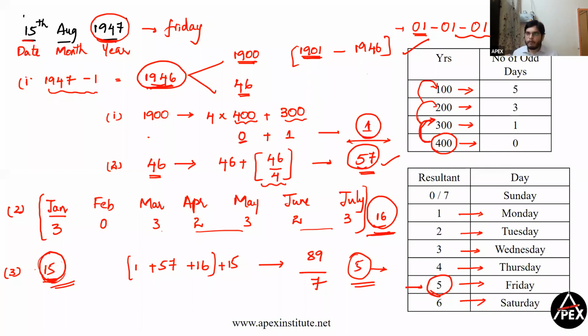If you want to calculate the number of odd days, then what can you do? You can subtract 1, so 14. Instead of 15 we get 14, and here it becomes 88. What is the remainder when 88 is divided by 7? 4.